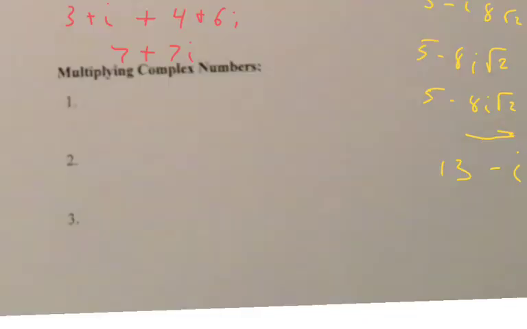Alright, when multiplying complex numbers, the examples are on the back, but we'll go through the rules right now. We're going to do the same thing. We're going to change our square root of negative 1 to i and simplify the radical.